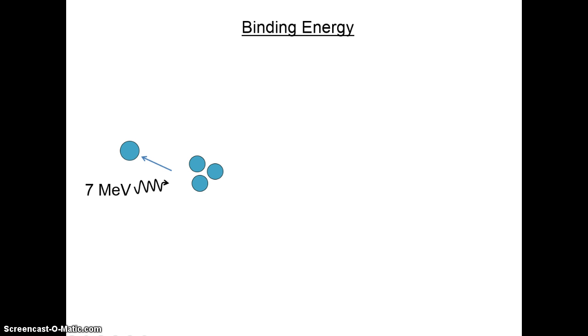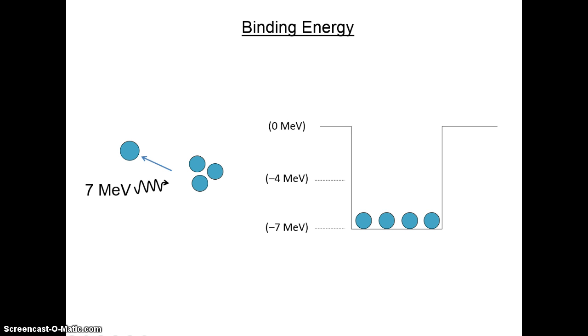So now I've separated one nucleon, and on average each nucleon in the nucleus would require 7 mega electron volts to be broken free. So what about the well? This is simple. To dig out of the well, to get back up to the top, you have to pop one of these things with 7 mega electron volts, and it comes out back to where it started.